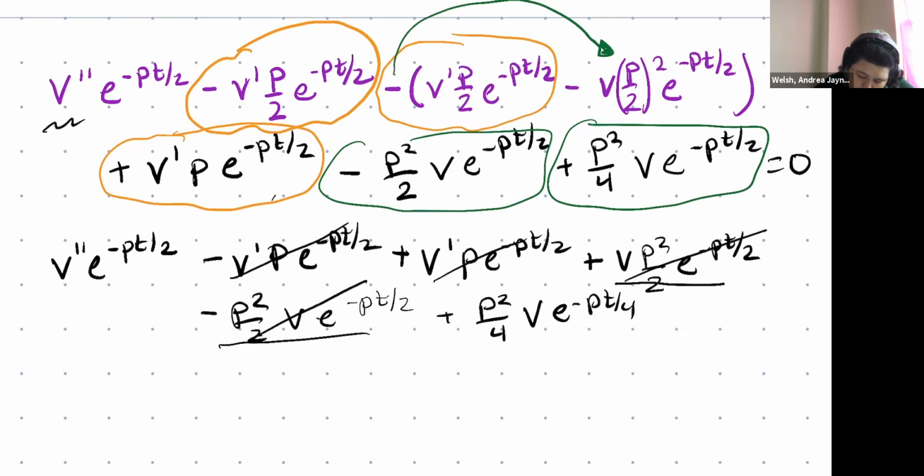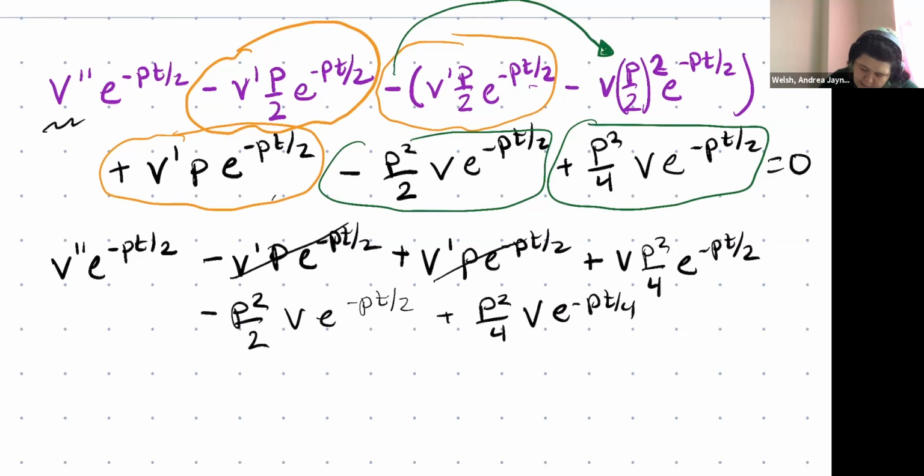Sorry, I made a little mistake. So one thing to be careful about, that I wasn't careful about for a brief moment, was that this p over 2, that whole thing is squared. So this first term that I wrote down for my v's right here is actually a p squared over 4.